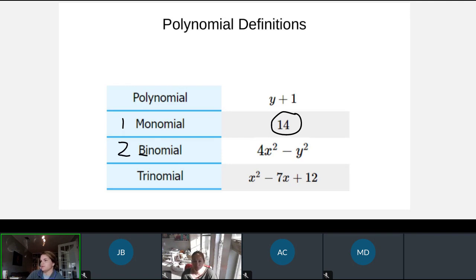So it's going to have 2 terms, 1, 2. So then a trinomial, like a triangle, has 3 sides. Tricycle would have 3. Yeah, exactly. Tri equals 3. So it's going to have 3 terms. And then a polynomial, what do you think a polynomial is? We went over it in the review video or the lesson yesterday.